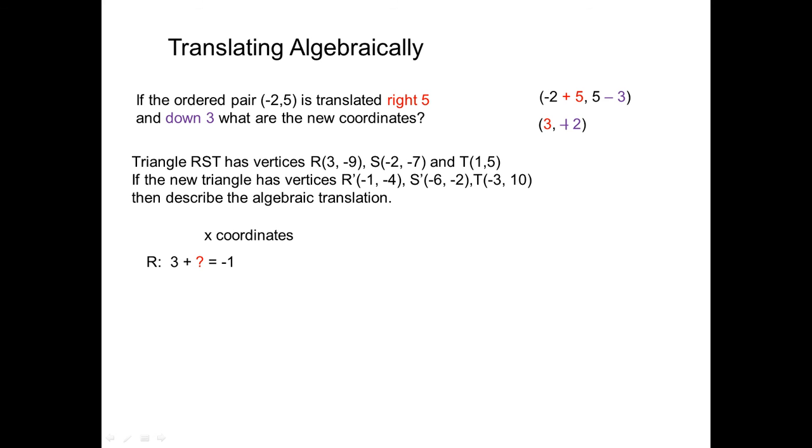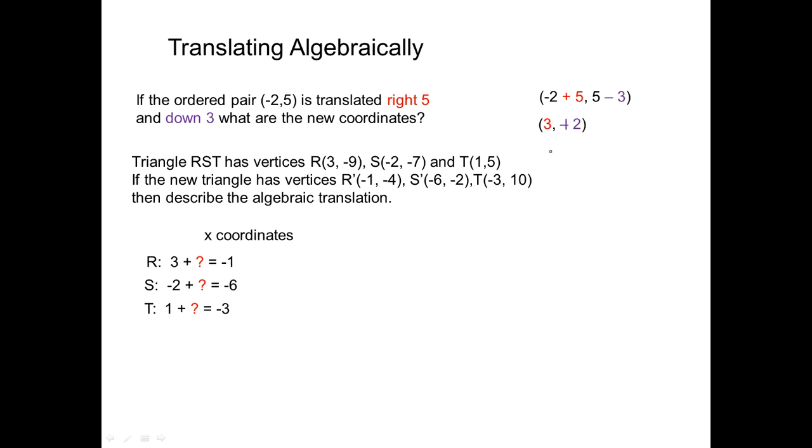My R, I started with 3 and I ended with negative 1. My S, my x-coordinate started with negative 2 and ended with negative 6. And my T, I started with positive 1 and I ended with negative 3. So the question mark here has to be the same for all three. You have to use the same translation.